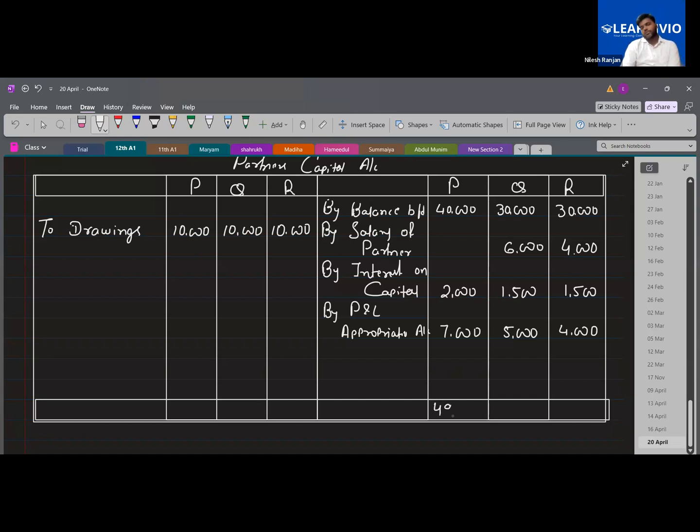Now it is 49,000, 42,500, and 39,500. I made a mistake. So the balance will be 29,500, 32,500, and 39,000 to balance c/d.